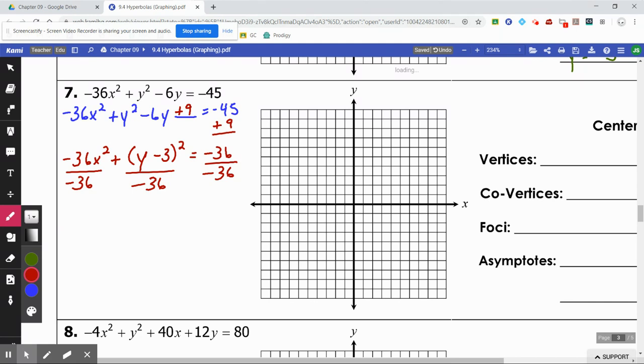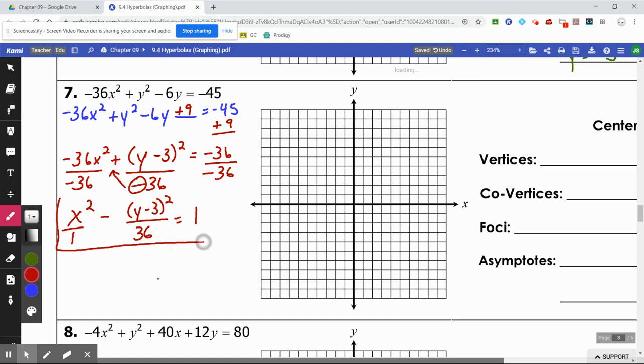It turns this into a positive x squared. This minus right here can actually be written up here. So that's going to be minus y minus 3 squared over 36 equals 1. And since there's no bottom there, let's put it as a 1 to make it look like a hyperbola. So there is your basic form of your hyperbola.